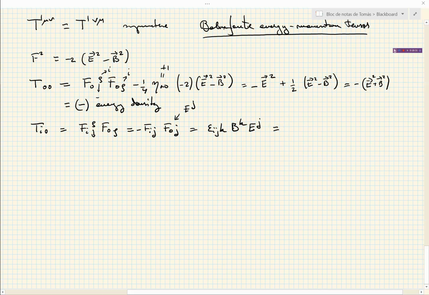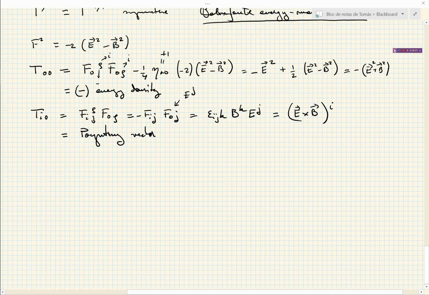So this is nothing but E vector product B and the ith component of this. This is, remember, the Poynting vector. And this is energy flux, or momentum density.